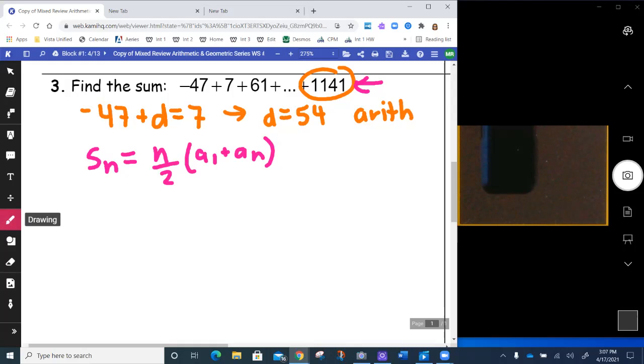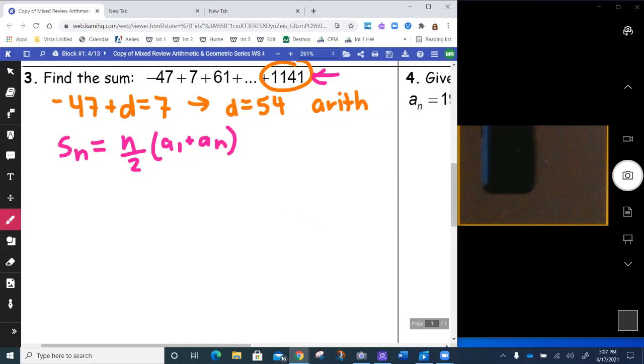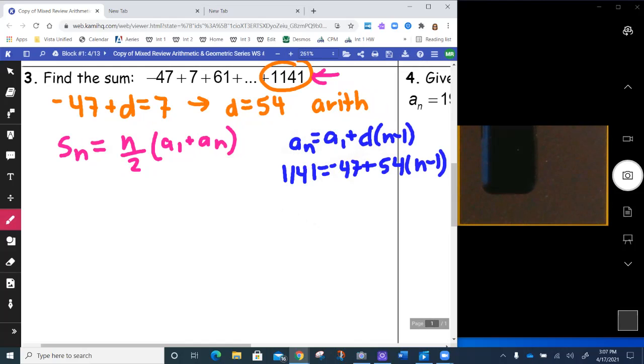So to find it, we are going to be using this formula. a sub n is equal to a1 plus d times n minus 1. And so I'm going to go 1141 is equal to negative 47 plus 54 times n minus 1.